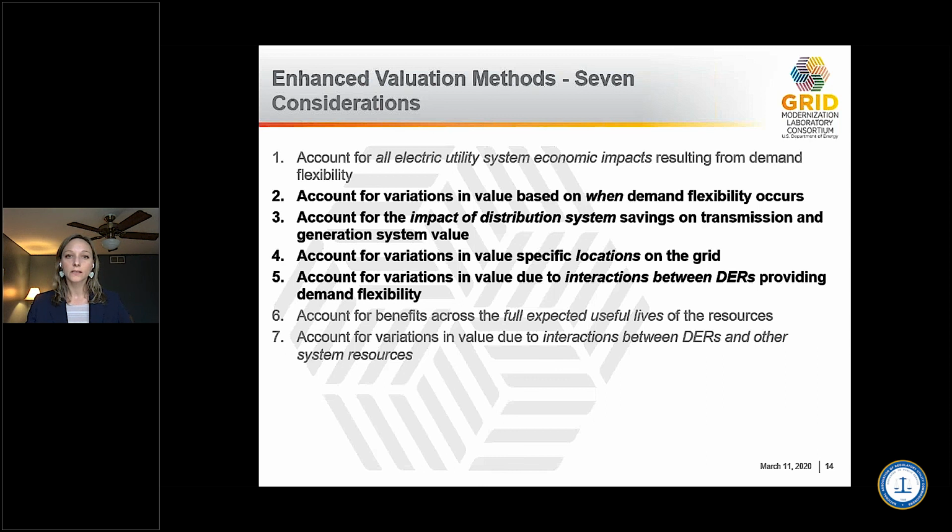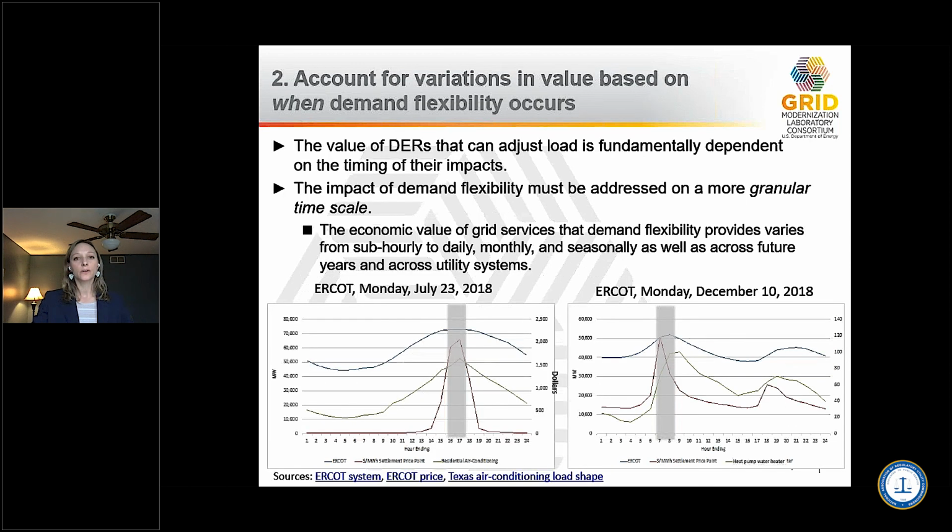So if we can go on to slide 15, I'll start on the second enhancement, which is accounting for variations in value based on when demand flexibility occurs. So the impact of demand flexibility has to be addressed on a more granular timescale because the economic value of grid services provided varies from sub-hourly, 15 minutes, to daily, monthly, and seasonally, as well as across future years.